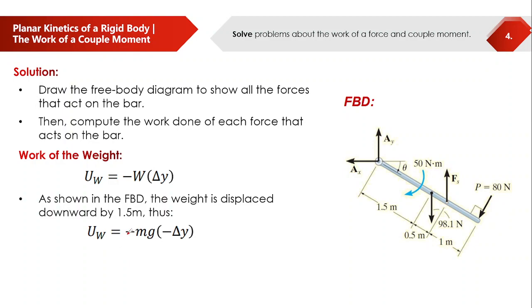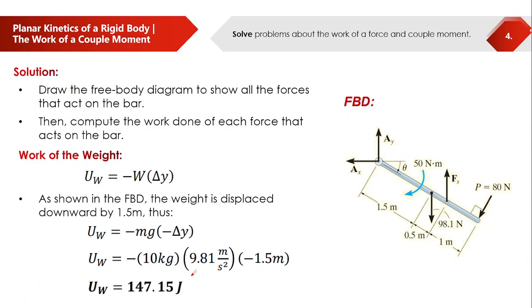Thus, U sub W is equal to negative mg times negative delta Y. So that will be negative 10 times 9.81 meters per second squared, times negative 1.5 meters. Kasi nga, downward to, di ba? Nag-displace siya downward. So negative yung displacement mo. Okay? So, your work of the weight is positive 147.15.